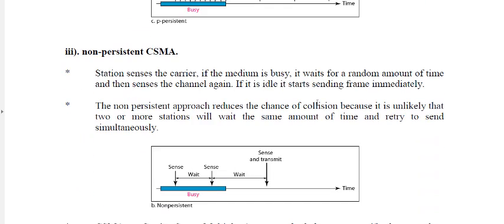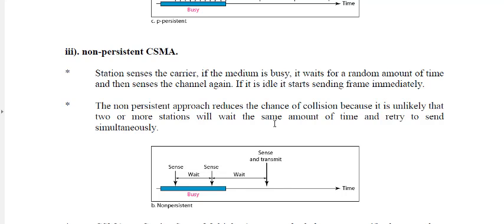The third one is non-persistent. Non-persistent means non-continuous sensing. It first senses the carrier, but it doesn't continuously sense it. If it finds the channel busy, it goes off, comes back after some time, and checks again. If it is idle, it sends the packet.